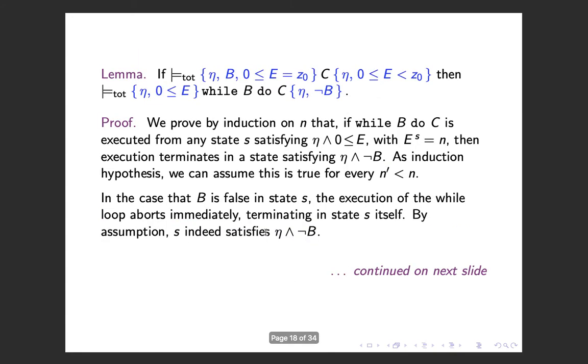And once again, there's a lemma proved by induction in the notes that says if the premise of the total while loop holds, then the conclusion, the total correctness assertion, also holds. That's the main lemma, and again that's proved rather technically by induction.